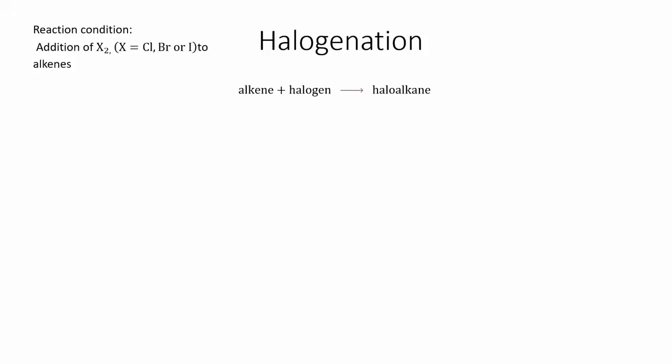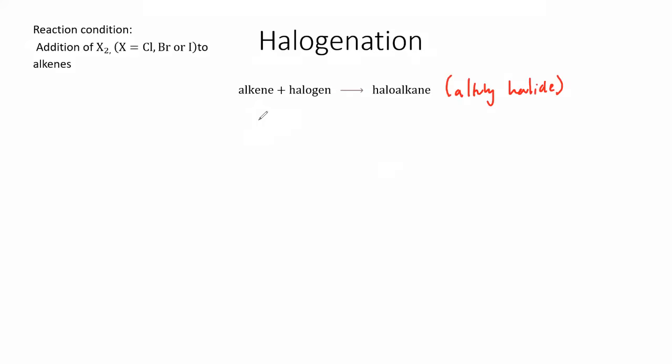I add a halogen into an alkene, I will form a haloalkane. Haloalkanes have another name. The other name for haloalkanes is alkali halide. So if you read in some books and they say alkali halide, please know that they are talking about a haloalkane. So halogenation basically is the addition of a halogen to an alkene.